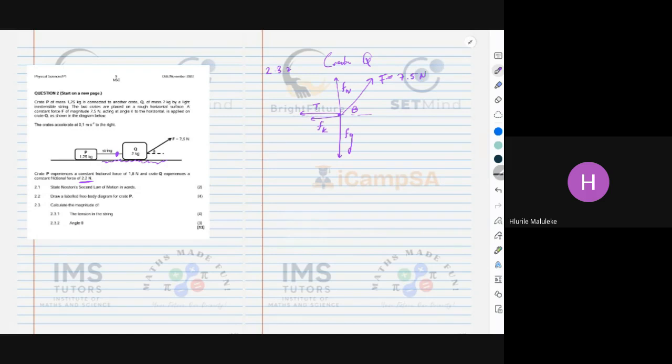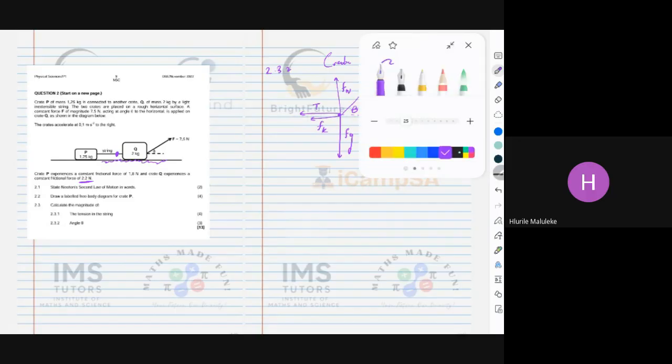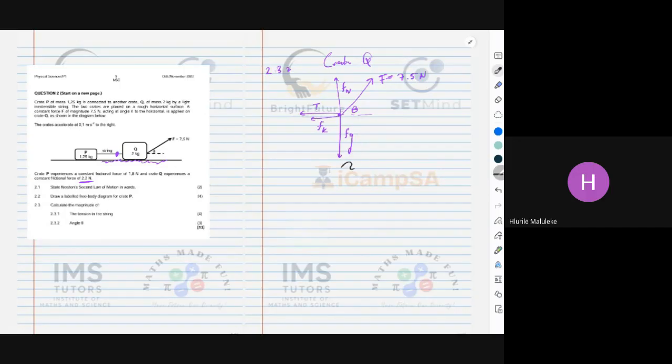So in this case, I can take this and draw it like this, which is going to be your Fn. This is your Fy.